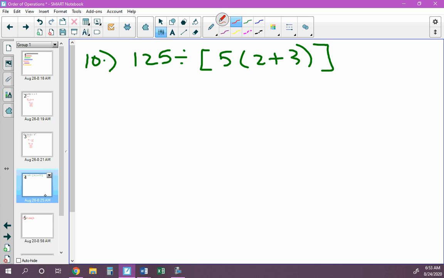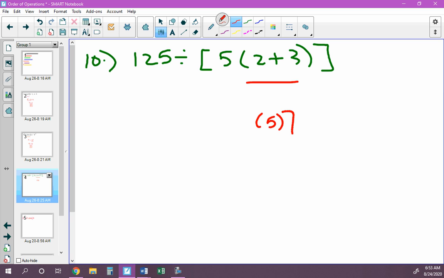Okay, next problem, I've got 125 divided by bracket 5 times parenthesis 2 plus 3, and then end bracket. So first of all, I see a set of parentheses. I actually see two sets because the brackets take place of parentheses. So when you've got double sets of parentheses, you always want to work from the inside out. So the first thing I want to do is 2 plus 3, which is 5.